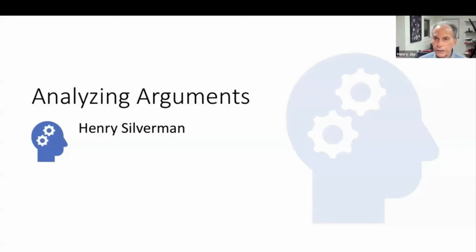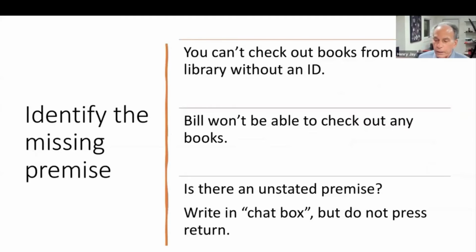Okay, analyzing arguments, which we've been doing in the last 20 minutes as well, but let's go even deeper into analyzing arguments. One way to practice analyzing arguments is to see if all the premises are there.